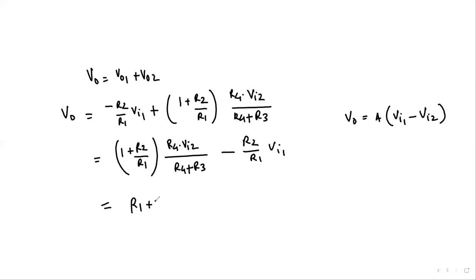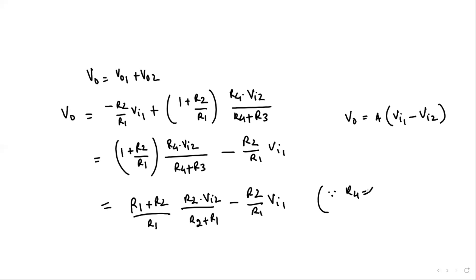Let's say R1 plus R2 divided by R1, and R2 into VI2, over R2 plus R1, minus R2 over R1 VI1, because we see that we have some assumption R4 equal to R2, and R3 is R1. Plug in these values.